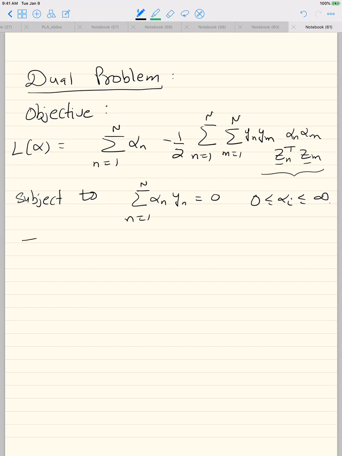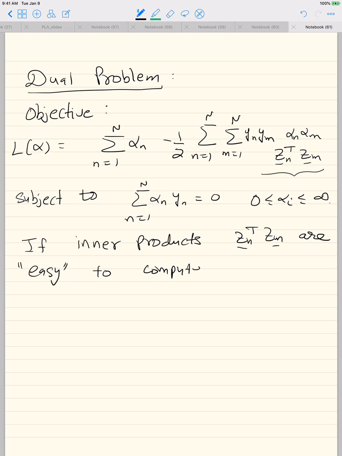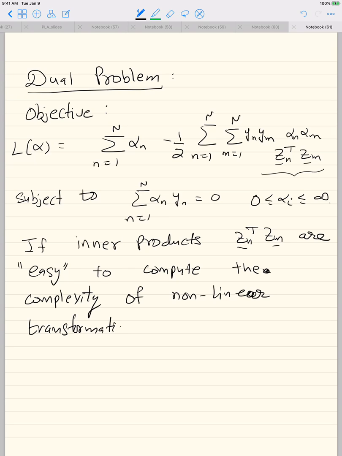And so if the inner products zn transpose zm are easy to compute, then the complexity of nonlinear transformations is essentially unchanged.